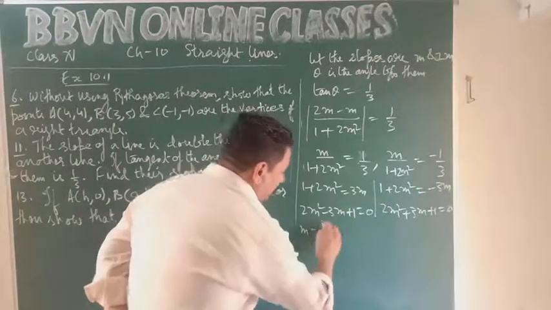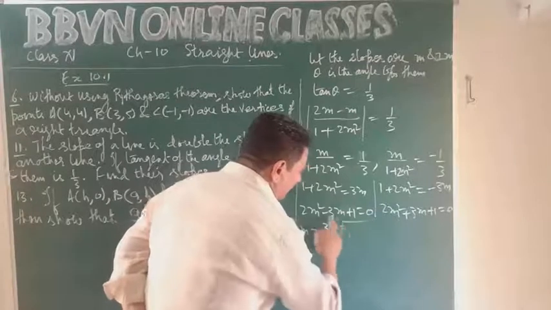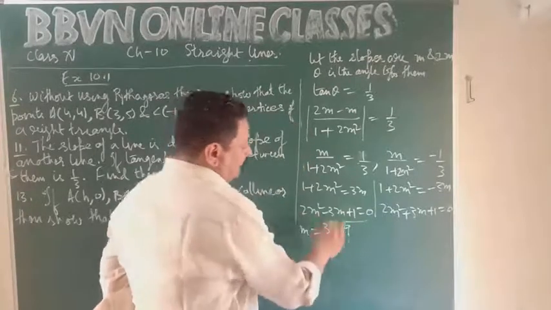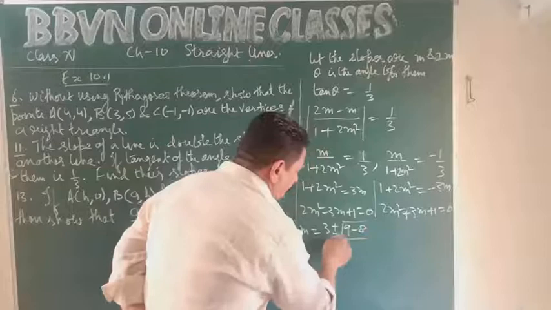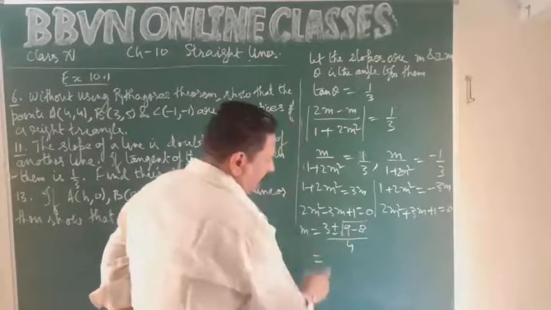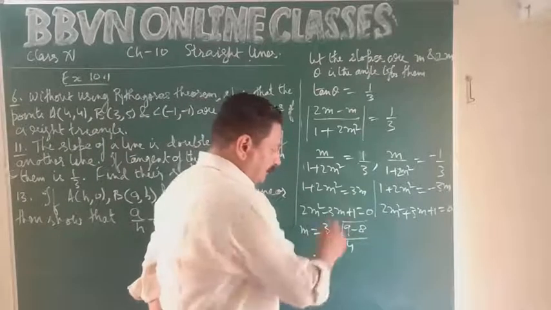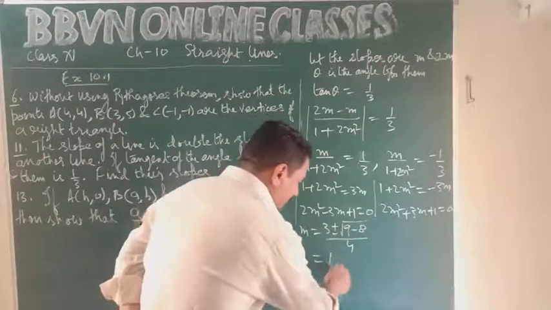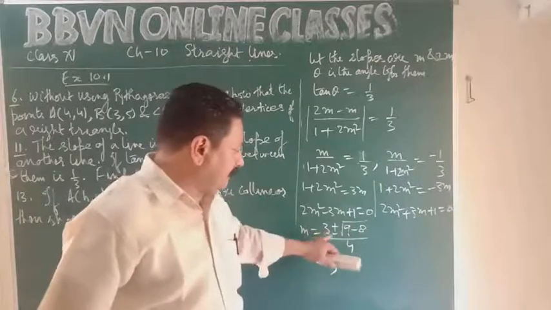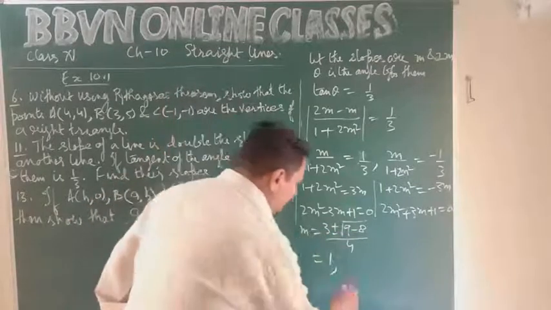m equal to minus b plus or minus root under b square minus 4ac upon 2a. 9 minus 8 is 1. Root 1 is 1. 3 plus 1, 4 upon 4, 1. If I take 3 minus 1, 2 upon 4, 1 by 2.